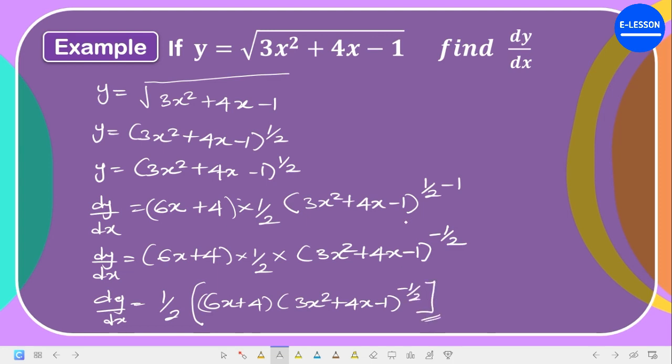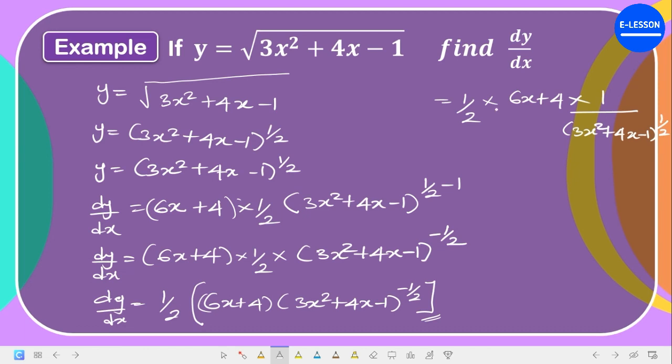Now do you know that this minus half means 1 all over? So this can also be written as half times 6x plus 4 times 1 all over, because the minus means 1 all over whatever you have positive. So this changes to positive here: 3x squared plus 4x minus 1 raised to the power of 1 over 2.